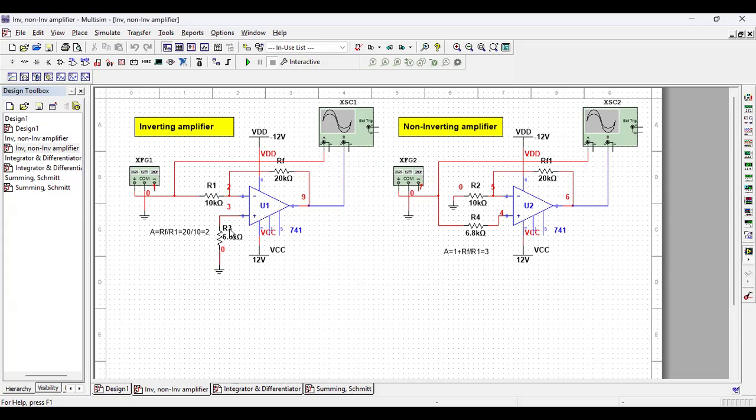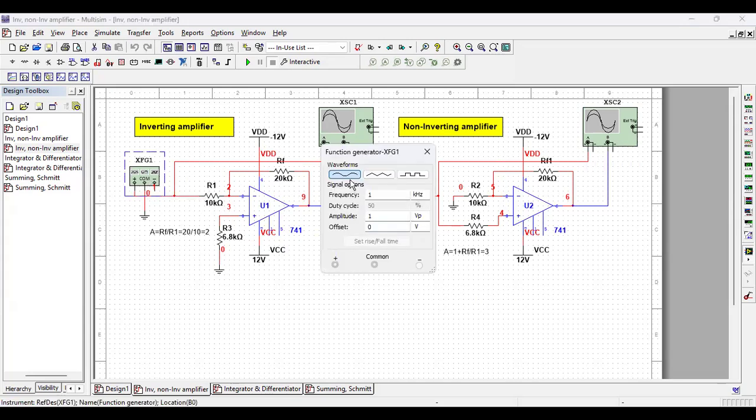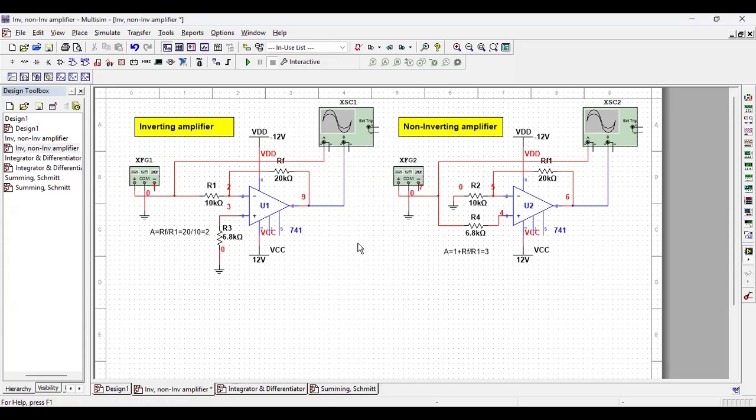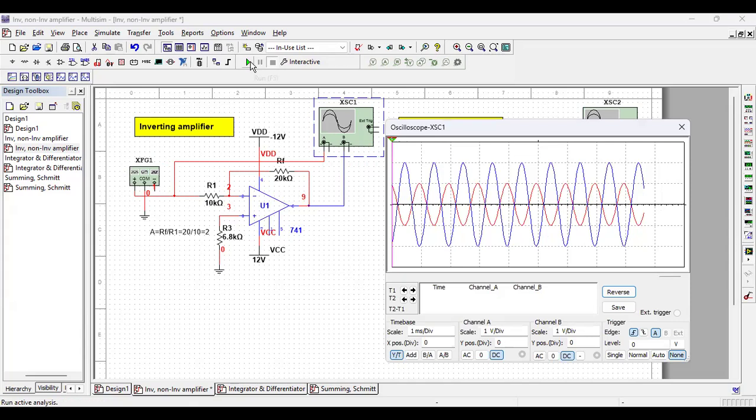I have connected a red line to the input terminal and a blue line to the output terminal. The input I have given is a sinusoidal signal, 1 kilohertz. Let us run this and see how it works.